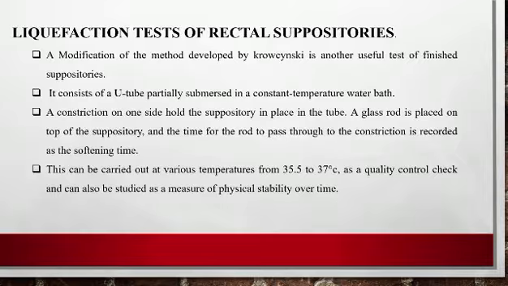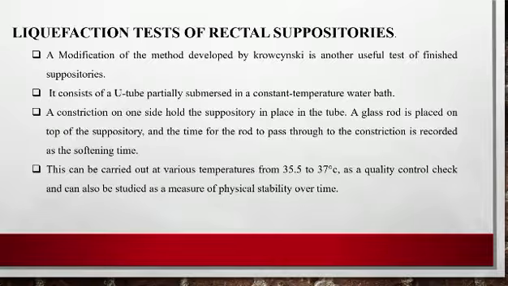The time for the rod to pass through the constriction is recorded as the softening time. Softening time means when we insert the suppositories into the rectum, the time within which the suppositories get melted or softened. That should be noted.